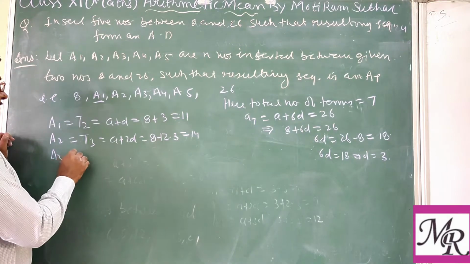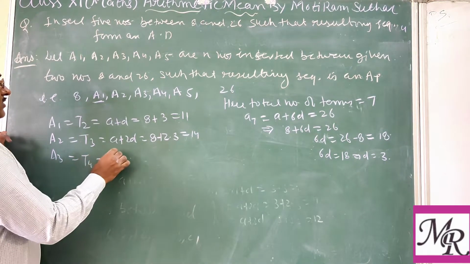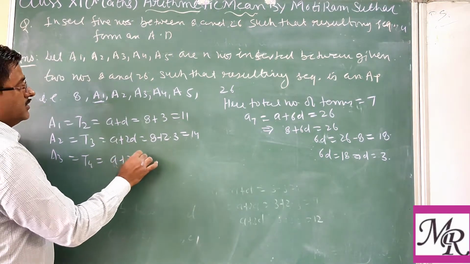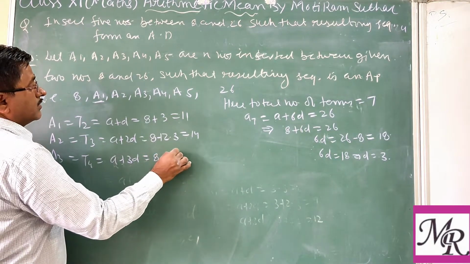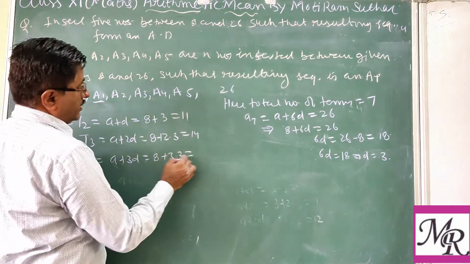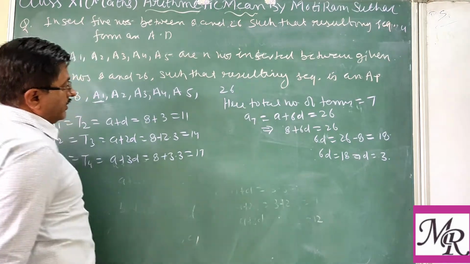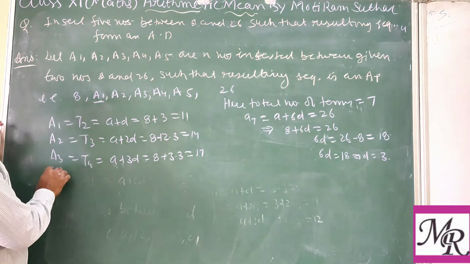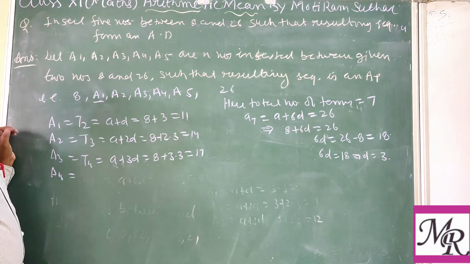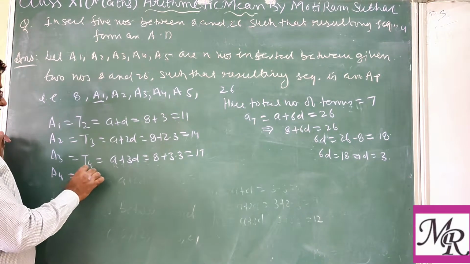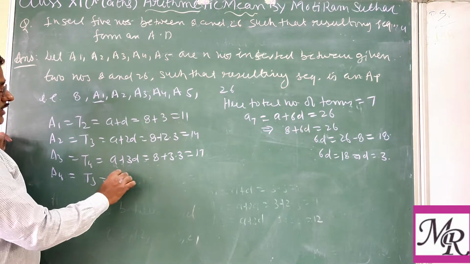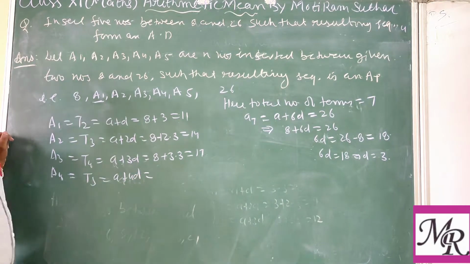Then the fourth term, A plus 3D, that is 17. And the fourth number, that is T5, which can be written as A plus 4D.